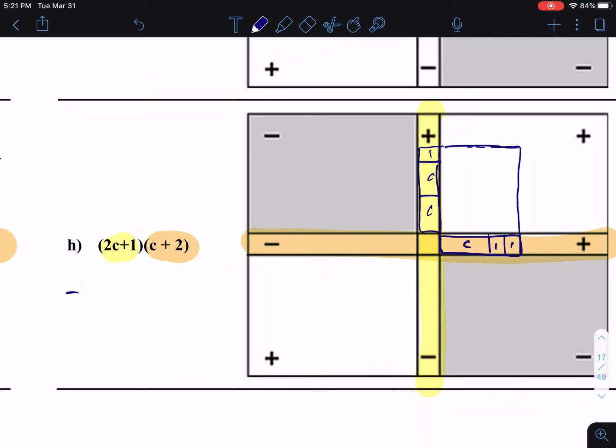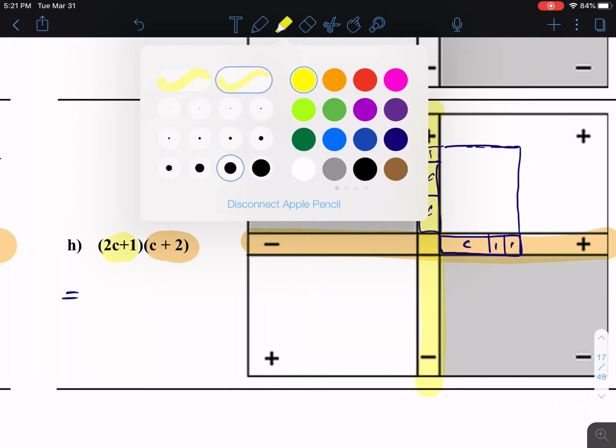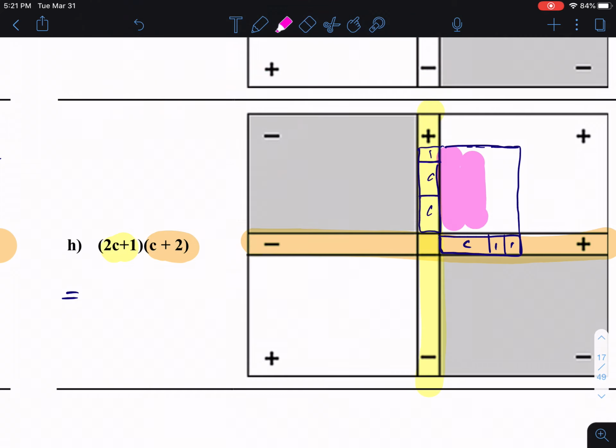So the area is actually going to be all positive. So this is what our product is going to be, this area. Let's make sure that everything lines up and see what we have for the product. Do you see c squareds in here? So we have 2c squared. Now, do you see c's in here? So that's 4c.